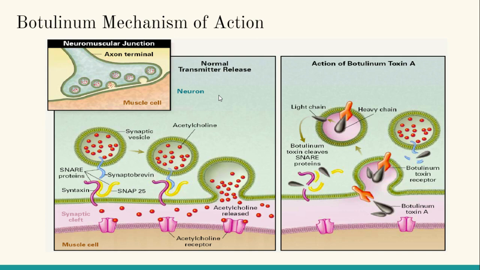Botulinum toxin is a protease, which is a type of enzyme that breaks the peptide bonds of proteins. In the case of Clostridium botulinum, it denatures these SNARE proteins that are needed to exocytose acetylcholine. As you can imagine, without acetylcholine crossing the neuromuscular junction and activating muscle fibers, the contractions cannot occur, and this results in paralysis.